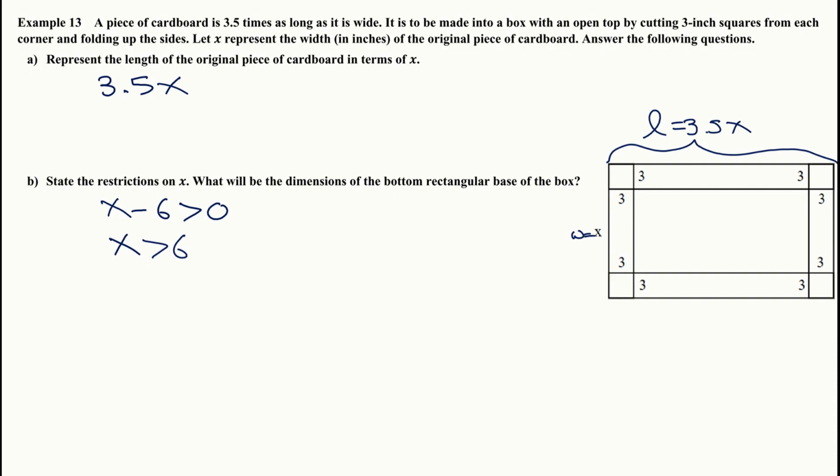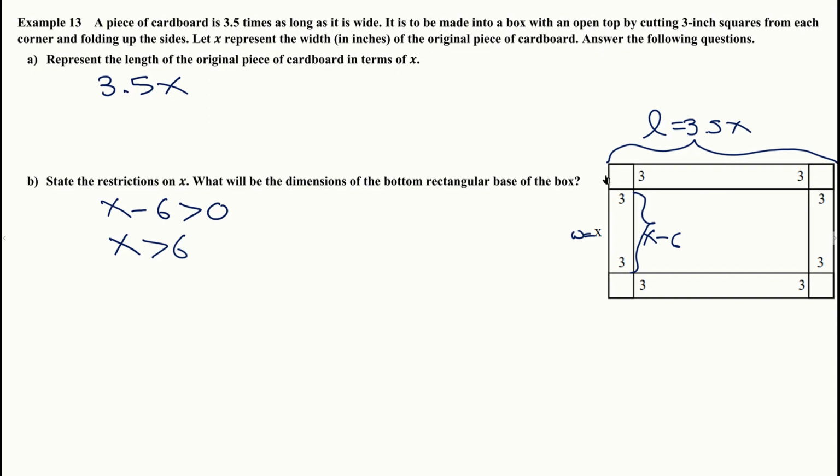Than 6. Now, as for the dimensions, remember, from here to here is x, right? Which is the same as from here to here. What are we taking away? 1, 3, and then another 3. So basically, this part here is x minus 6.